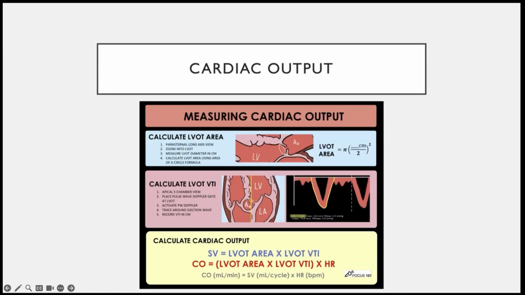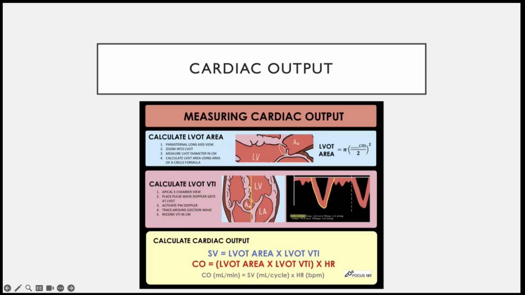With a more advanced ultrasound technique, you can get measurements of cardiac output. You'll calculate the LVOT area. You'll also calculate VTI using these. You can use an equation and calculate your stroke volume and your cardiac output.